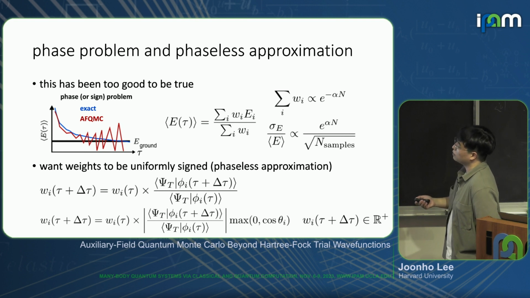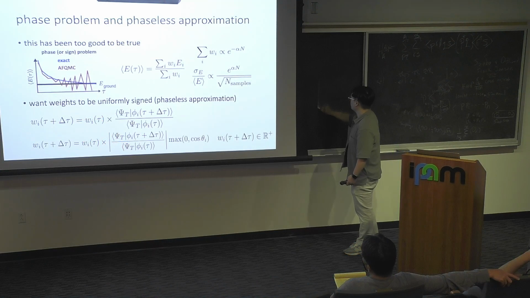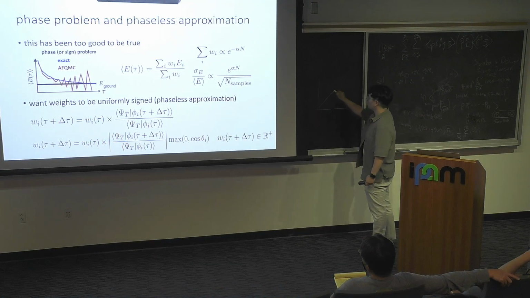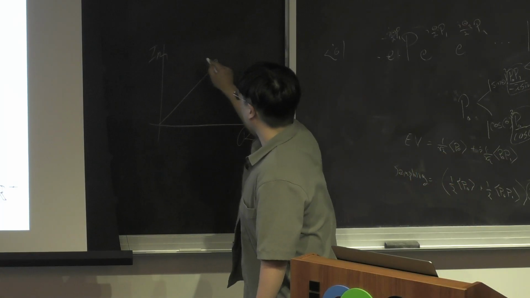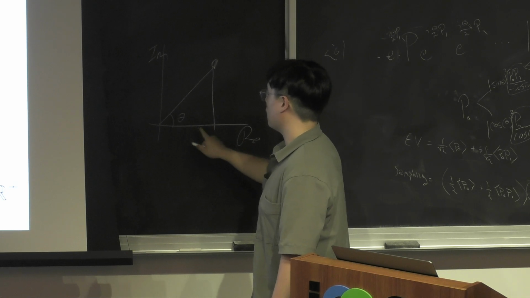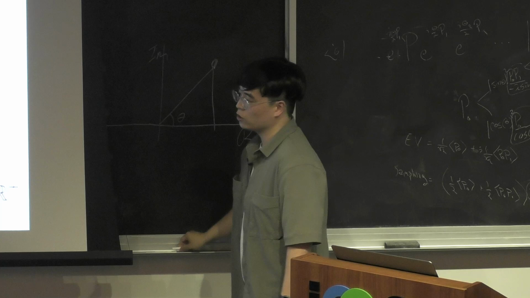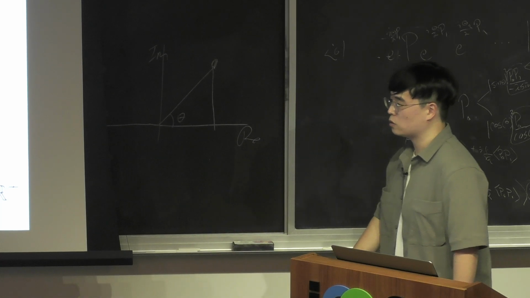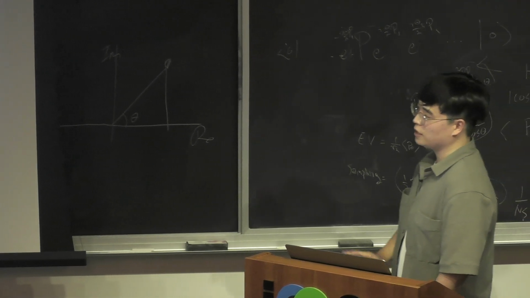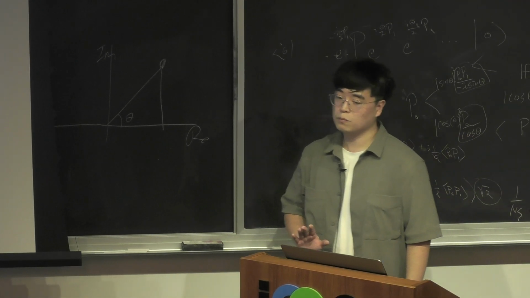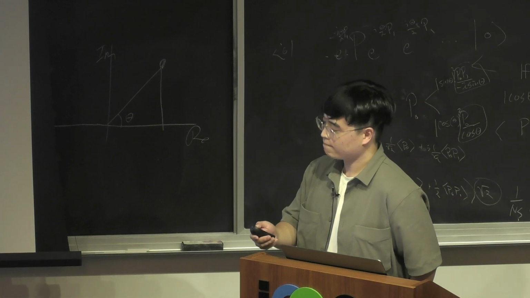This is called the cosine projection, because we take this value in the complex plane and just read off the real part of it. But if that real value is negative, we throw away that sample by zeroing out the weight. It seems very ad hoc and hacky, but it seems to work well for many problems we've looked at so far.